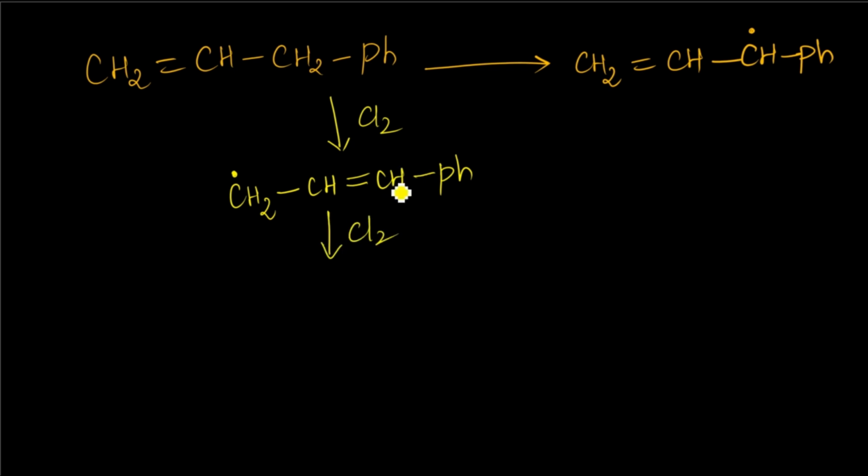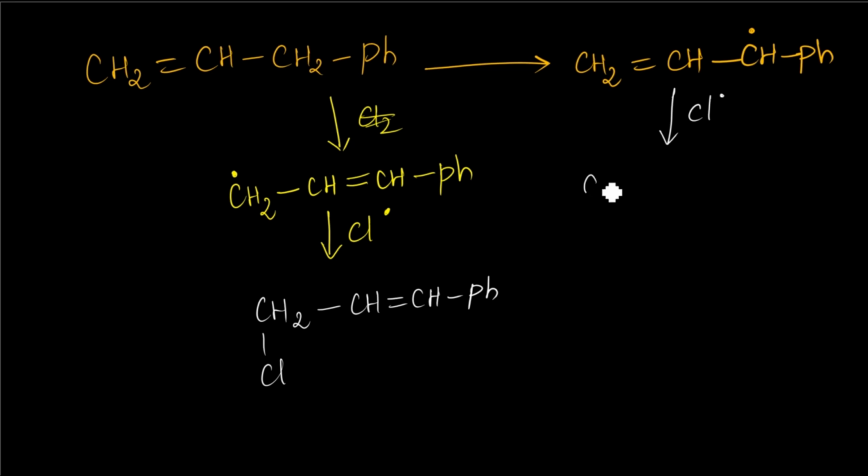So by substituting the Cl radical over here, the product will look like CH2Cl-CH=CH-Ph, right? Similarly, Cl radical, CH2=CH-CHCl-Ph, right?